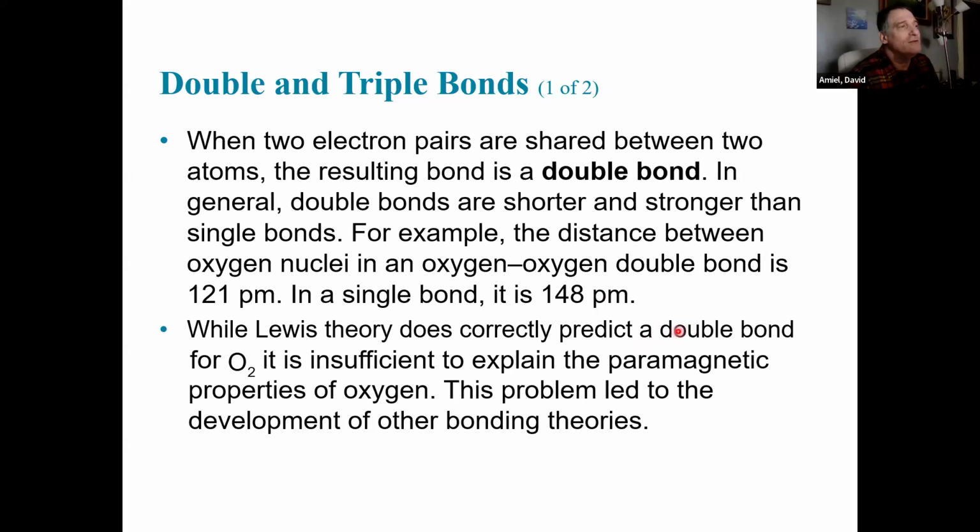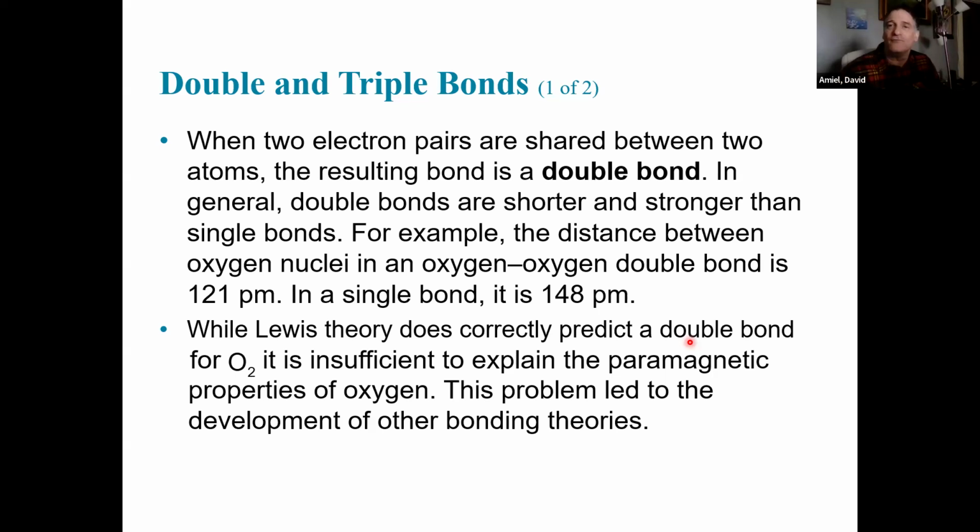This bullet here says that Lewis theory does predict single, double, and triple bonds, but does not explain other properties of oxygen. For example, oxygen is magnetic, and it has magnetic properties at low temperatures, and this is not explained by Lewis theory.